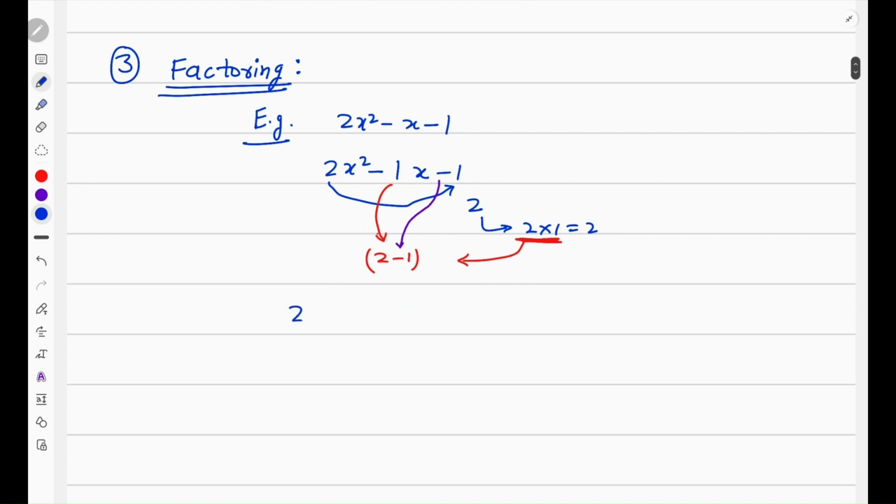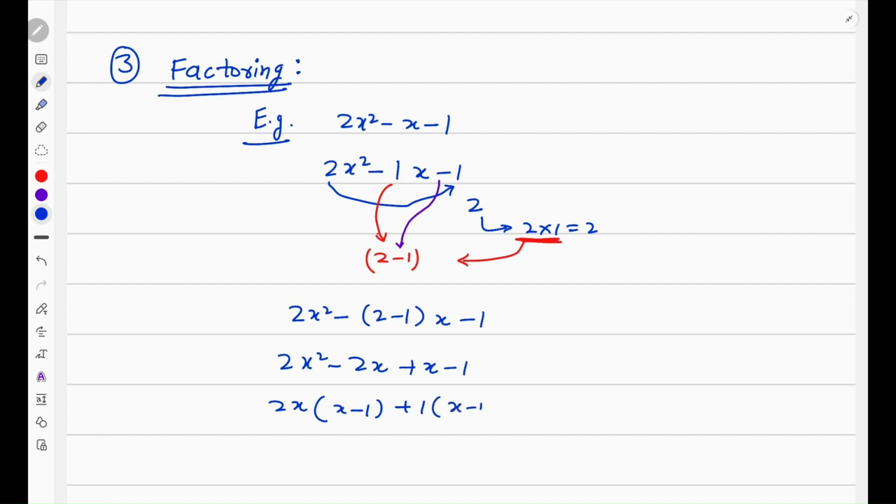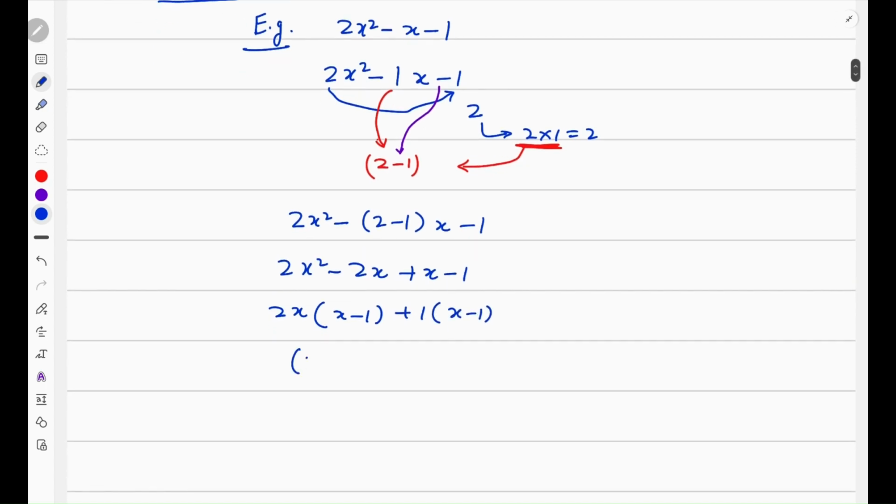So we can write 2x squared minus 2x plus x minus 1. We expand it, it becomes minus 2x plus x minus 1. If we take 2x common, here it becomes x minus 1, plus 1 here it becomes x minus 1. So the factors are x minus 1 and 2x plus 1. So this is the factorization of the given equation.